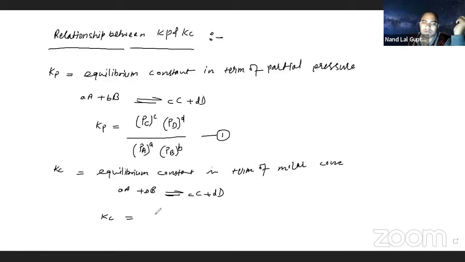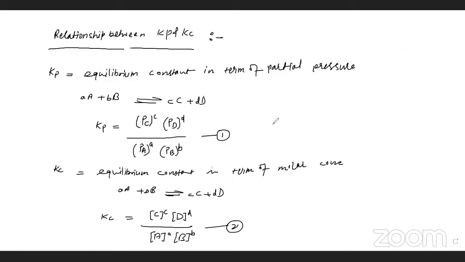Kc is equal to the product of molar concentrations of the products, in square brackets, C raised to power c and D raised to power d, over A raised to power a and B raised to power b. This is equation 2.